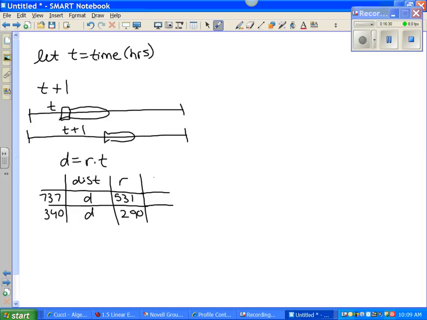And then time: my 737 starts at T, and an hour prior was my 340. So we've got two equations here. We have D equals 531T, and we have D equals 290 times (T plus 1).